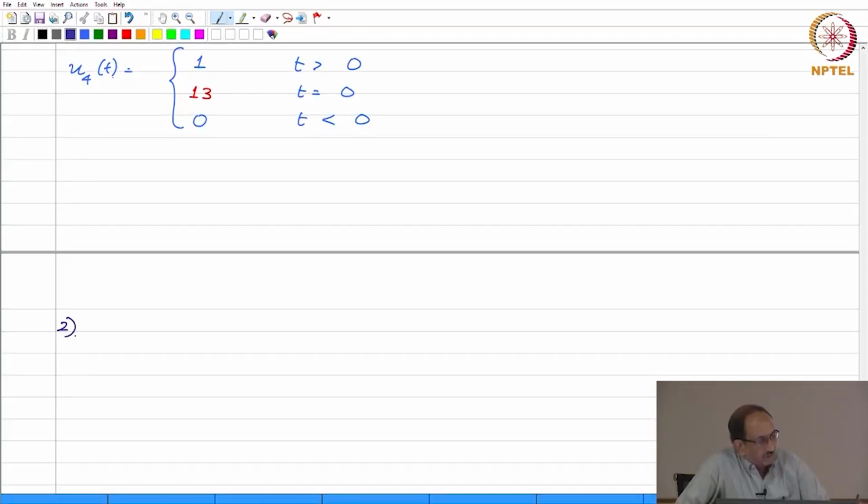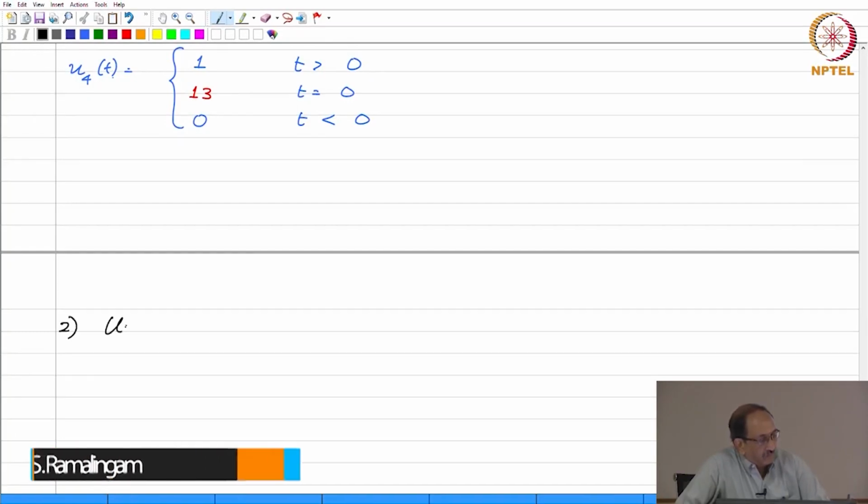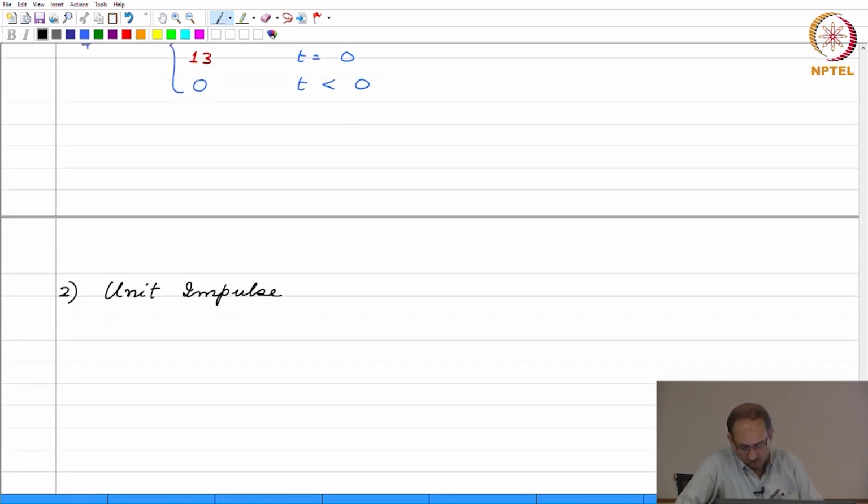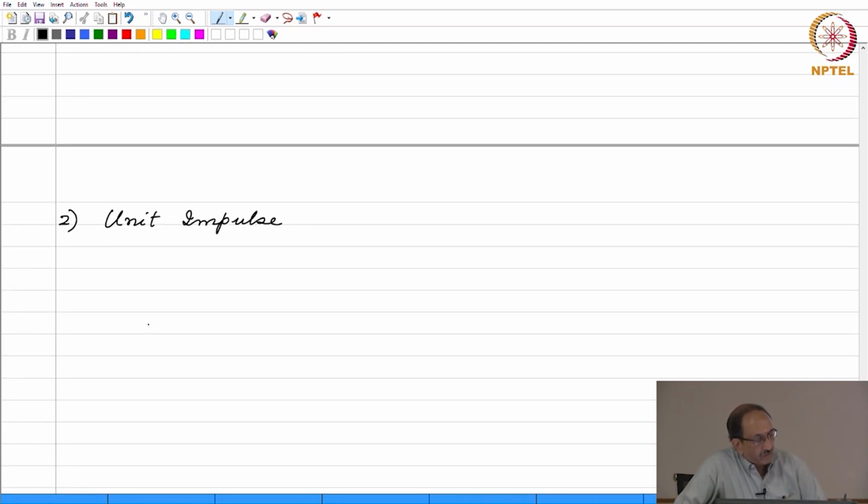Now let us look at the unit impulse. So this is the simplest of signals that you can think of. This is using a notation similar to what was followed in the continuous time case.